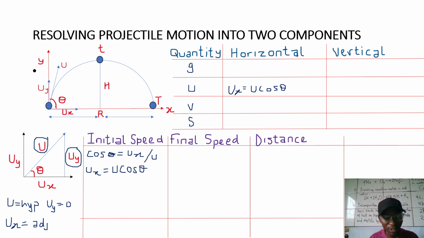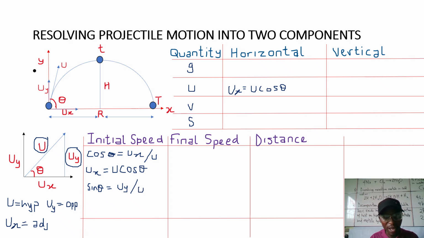So the next question that comes to our mind now is which formula connects opposite and hypotenuse, and that is the sine function. So that implies that we have sine theta, which is equal to opposite, and our opposite is uy, over hypotenuse, and hypotenuse in this case is u.